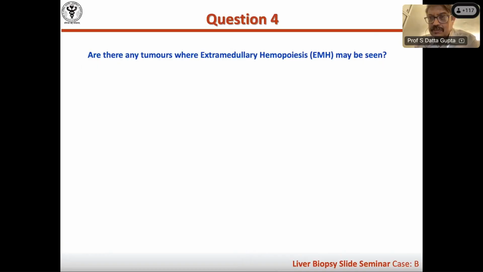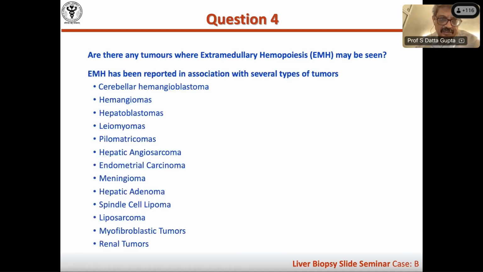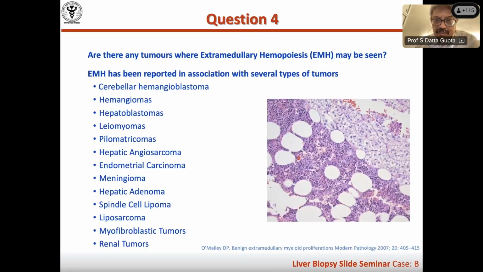Hepatoblastoma, carcinosarcoma, okay, anyway, there's a long list. Usually the childhood tumors like hemangioblastomas, hemangiomas, hepatoleiomyomas; it has been described in a lot of tumors. Good, good, good. Right.